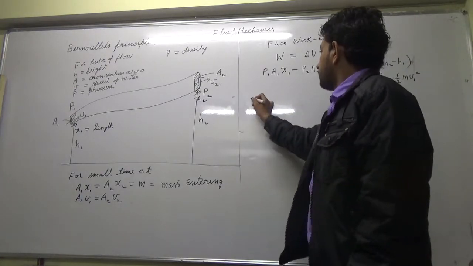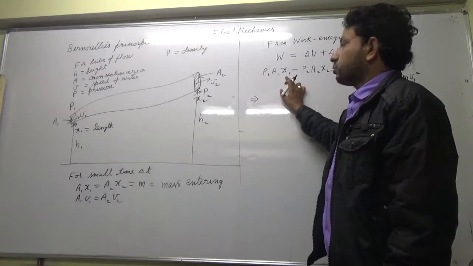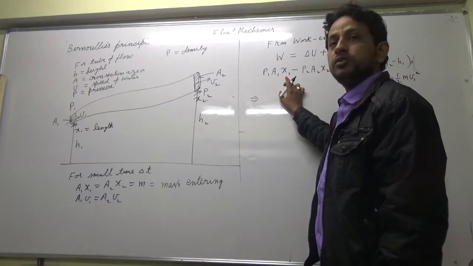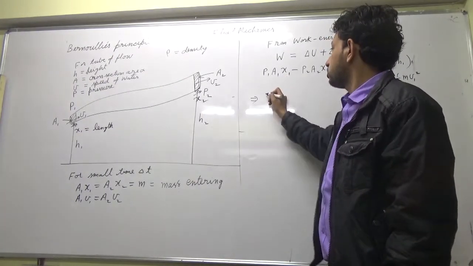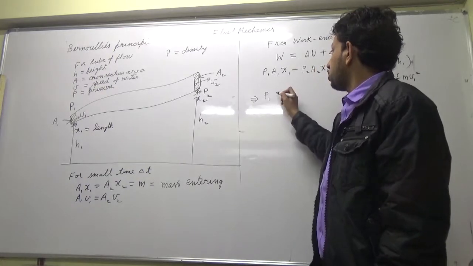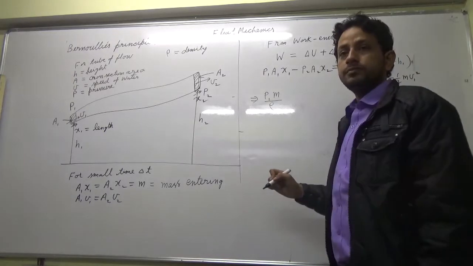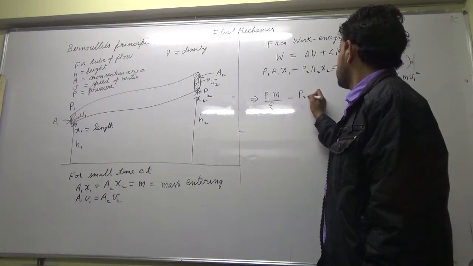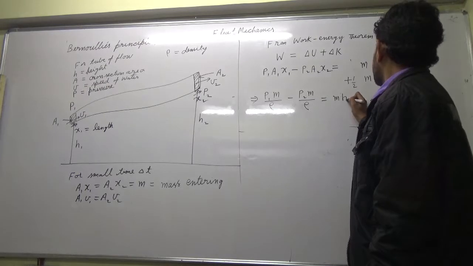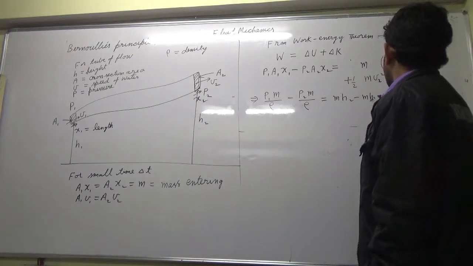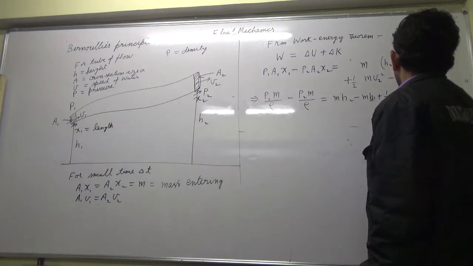Now look, is it clear up to here? Okay, now A1 x1, can we write this A1 x1? This is the volume entering, so this also needs to be converted into mass. We will write everything in terms of mass. So P1, now can we write this volume as mass by density, minus P2 mass by density, equal to mass g H2 minus mass g H1 plus half mass V2 square minus half mass V1 square.